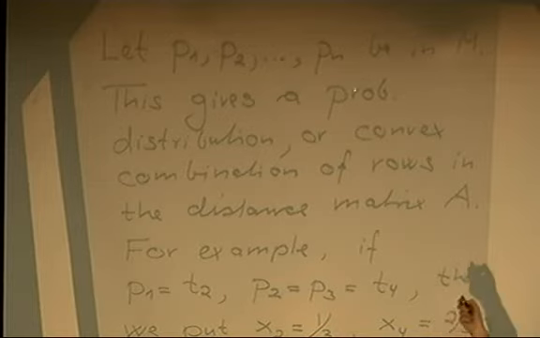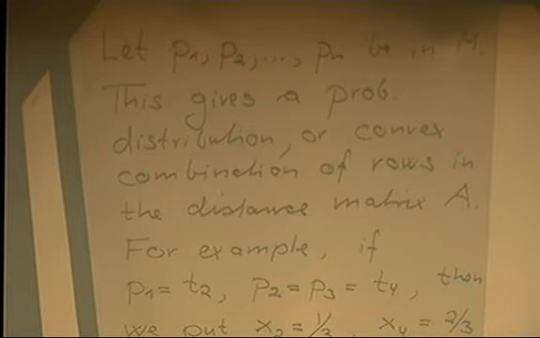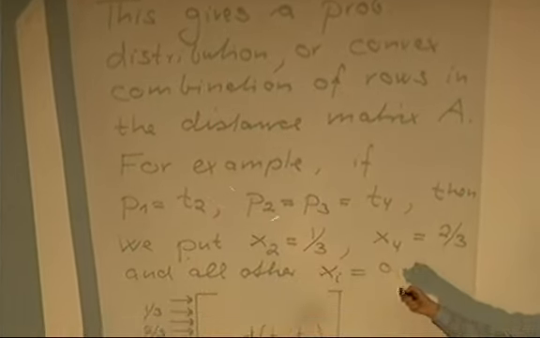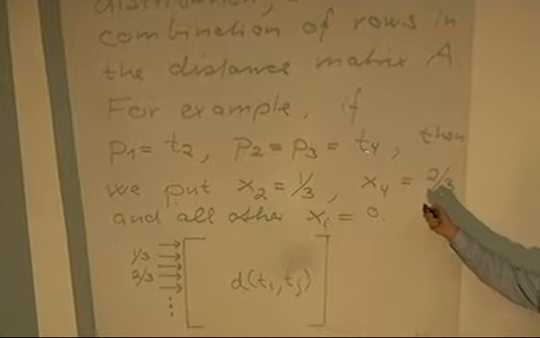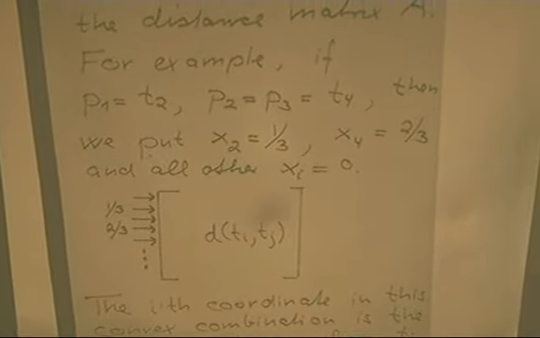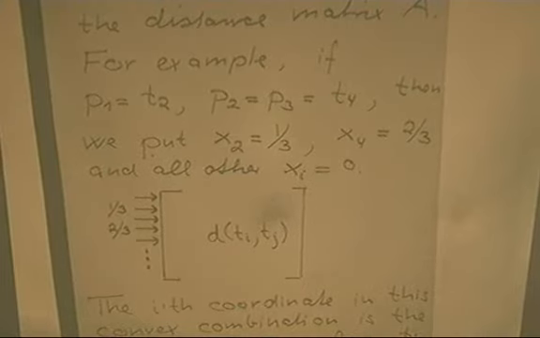So again, we start with some points and we are going to find a meeting point. Rendezvous means meeting. Let us assume that P1 is, for example, the second element in the metric space, and let's assume that P2 and P3 are both the fourth element in the metric space. What do I mean by probability distribution when I have selected these three elements?